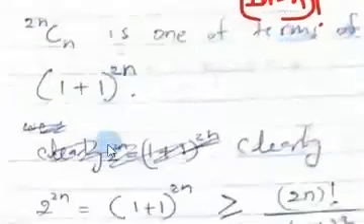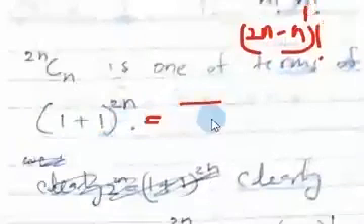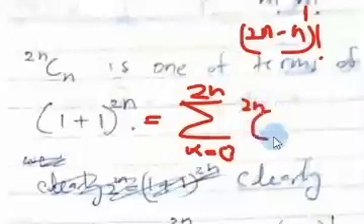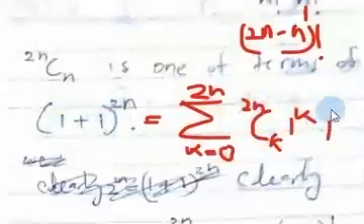What is the definition? I think you know this. Sigma, let's take another parameter k, where k goes from 0 to 2n, of 2n C k, times 1 to the power k, and the other term, 1 to the power 2n minus k.